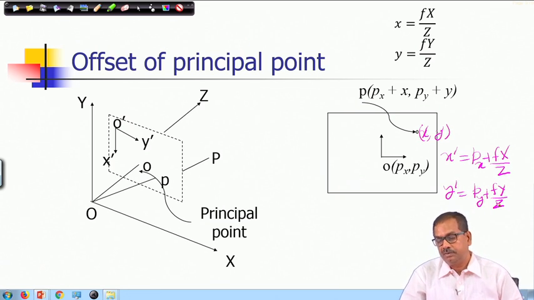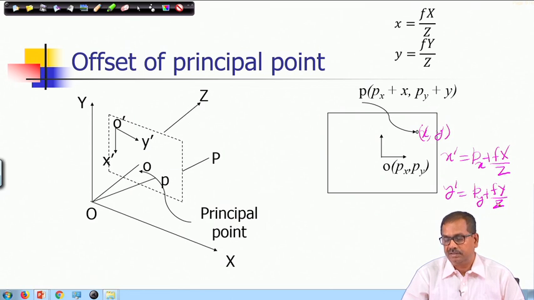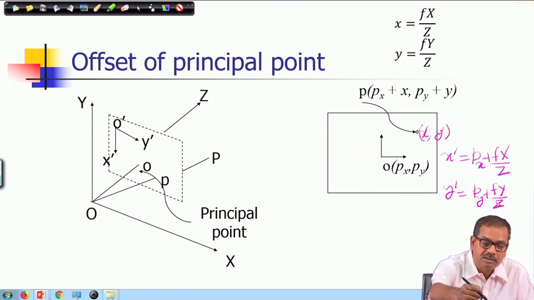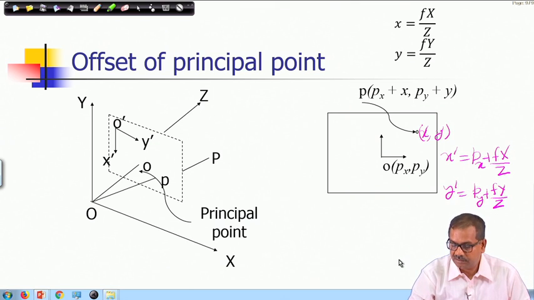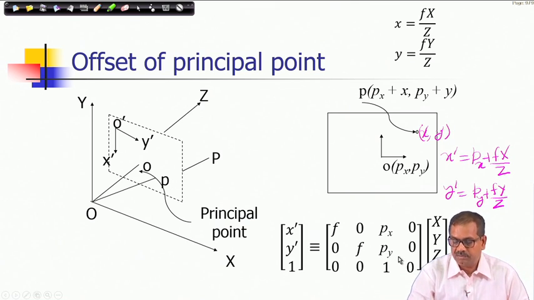So, this is how these coordinates should be interpreted, and in the matrix form, if I transfer this relation, then we can write this relation simply in this form.